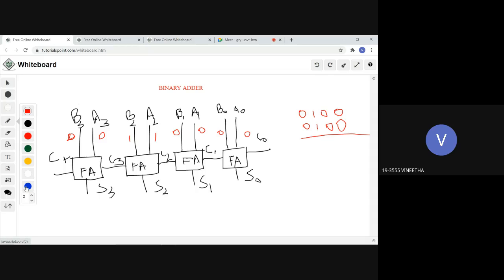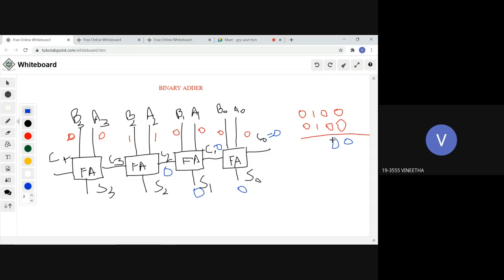Now let's perform the addition. So initially there is no carry, so C0 is equal to 0. So 0 plus 0 plus 0 would result sum 0, and carry is also 0. Again 0 plus 0 plus 0 would result in sum as 0 and carry also 0.